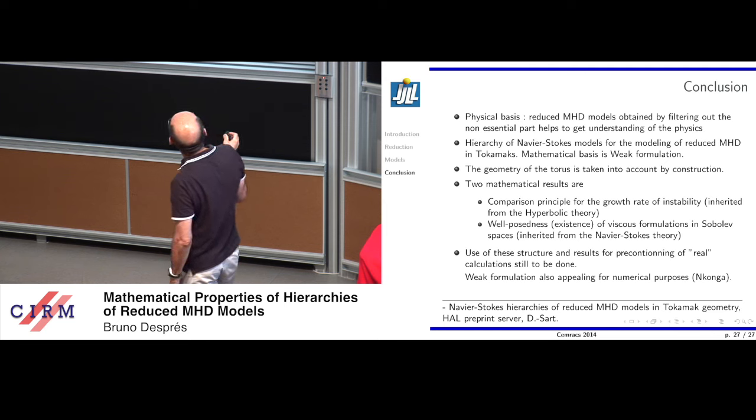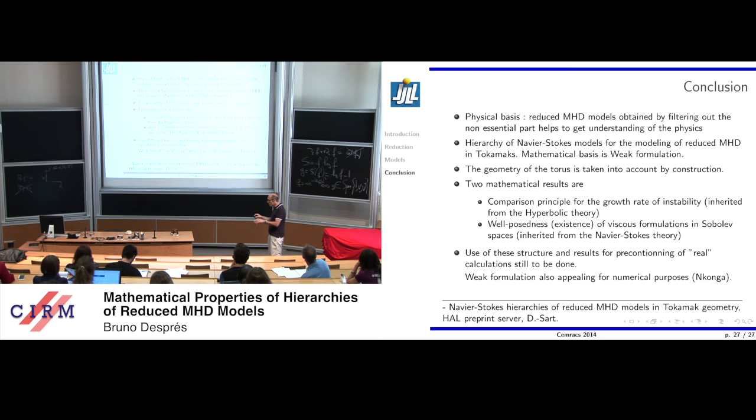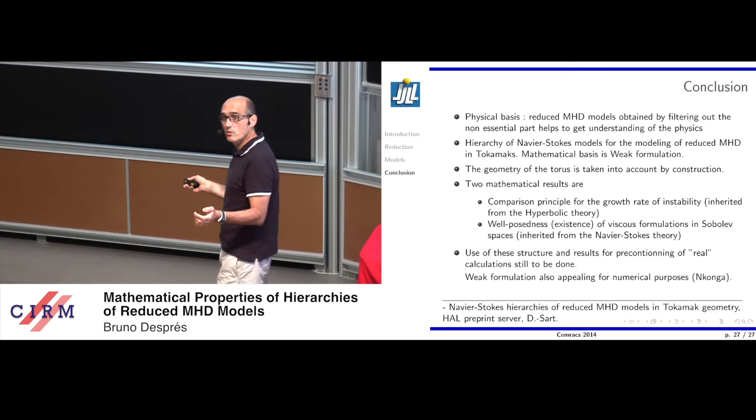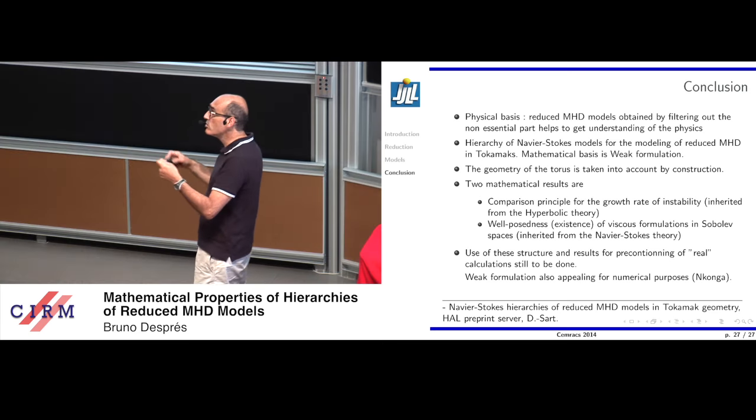When you look at textbooks or papers, there is always something written like, a reduced model filters out something that I don't want to care about. But with this definition of lambda, you really see what is filtered. At least you have a mathematical definition.